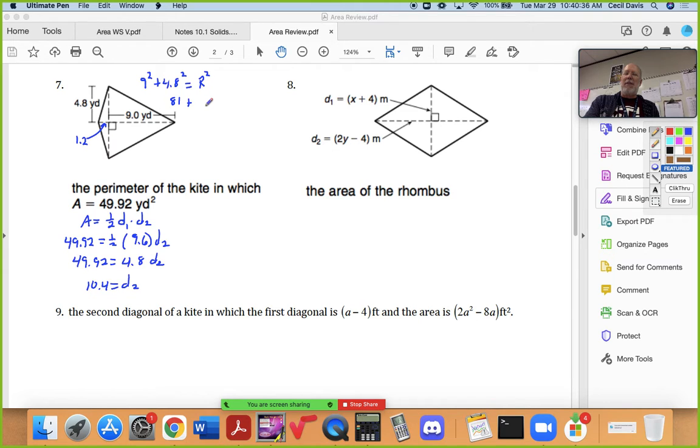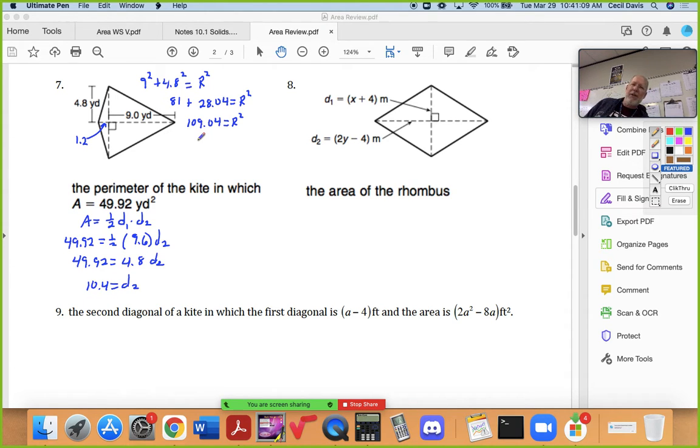I don't think I could do that in my head. 28.04. So adding those together would be 109.04. And then take the square root of that, and it comes out really nicely. It comes out to be 10.2.